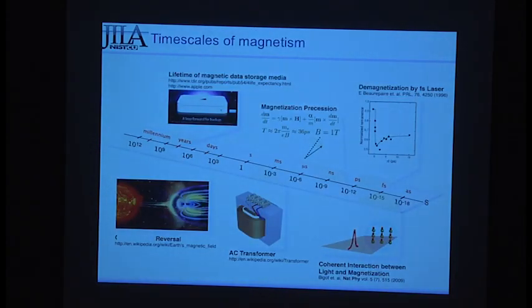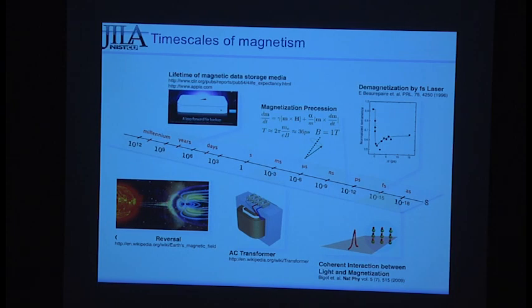Okay, so let me talk a little bit about magnetism, and this is in very simple materials, just ferromagnetic materials, such as nickel. And of course, we all know that magnetism spans many time scales all the way from geomagnetic reversal.